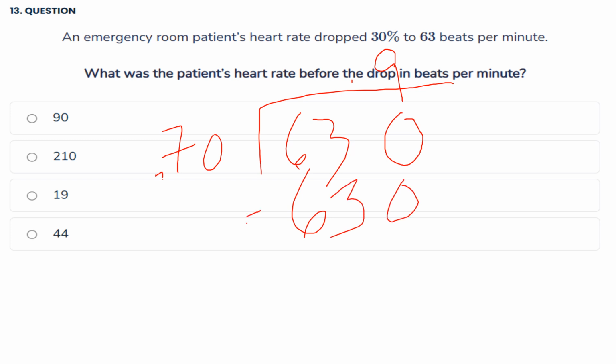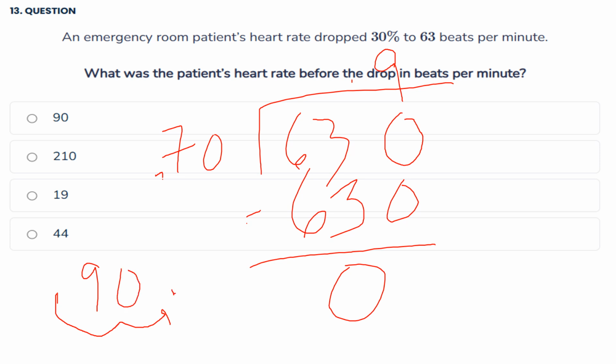We subtract 630 from 630. That gives us a big 0. So that would equal 0.90. But since we have this decimal here, we need to move this decimal in the answer over 2 places. So 1, 2, put the decimal right there, and we have to put a 0 there. So it looks like the patient's original heart rate was 90 beats per minute.